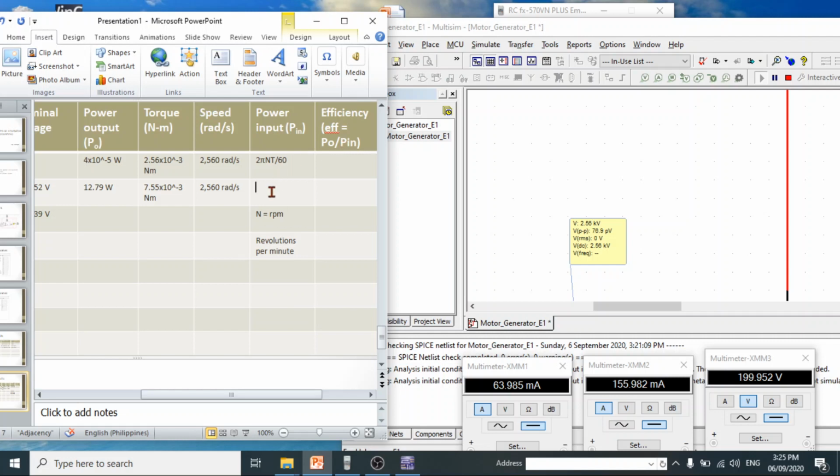So we try to calculate using this formula.